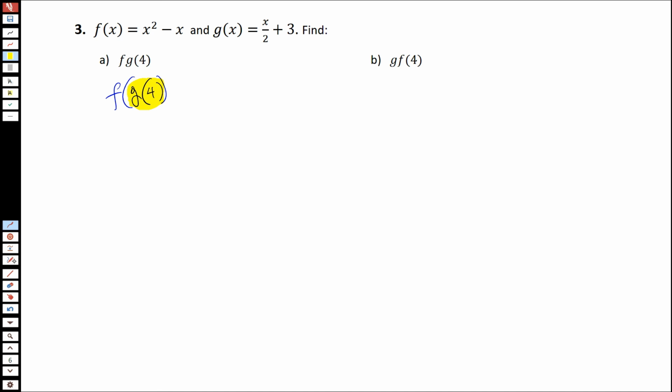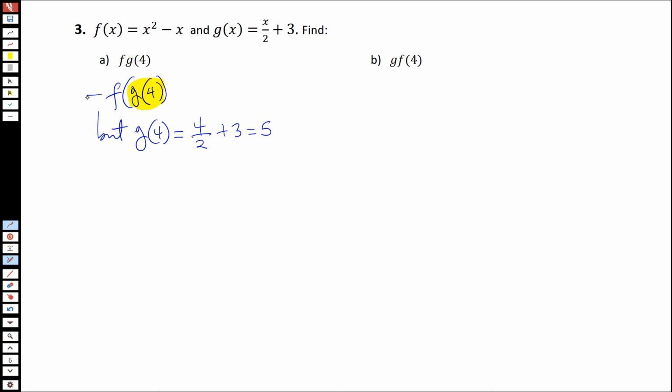So the value of g at x equals 4 will be, of course, you just plug 4 in place of x in this function. So that will be 4 over 2 plus 3, which will be equal to 5.